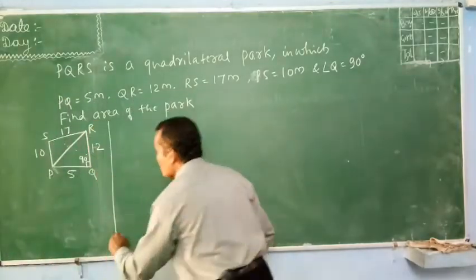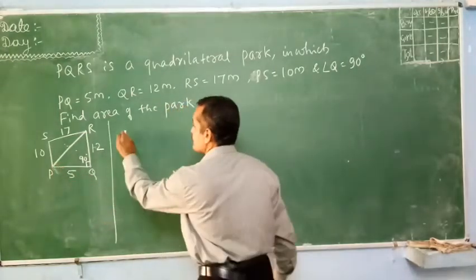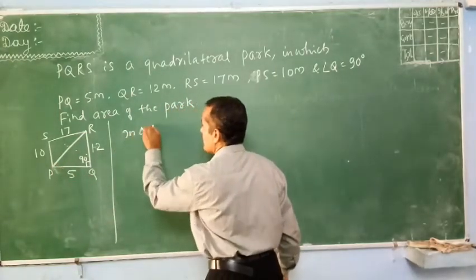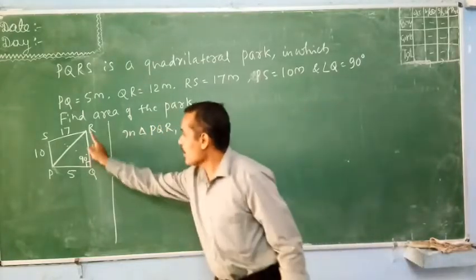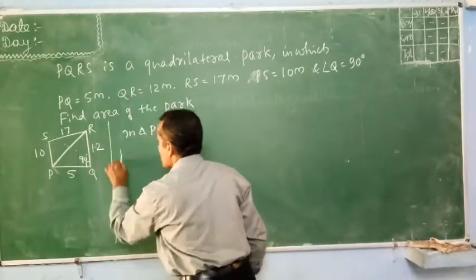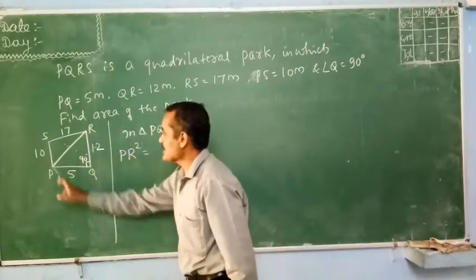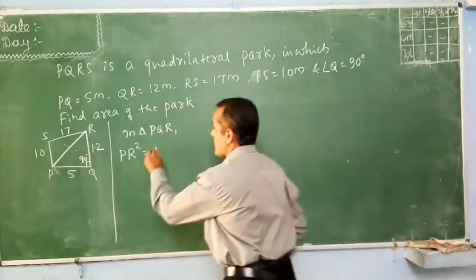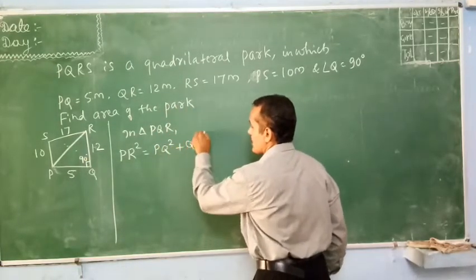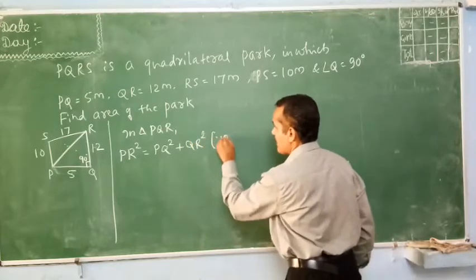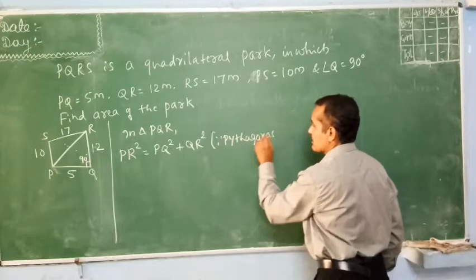So first, I will find the length of PR using the Pythagoras theorem. In triangle PQR, PR square is equal to PQ square plus QR square. This is because of the Pythagoras theorem.